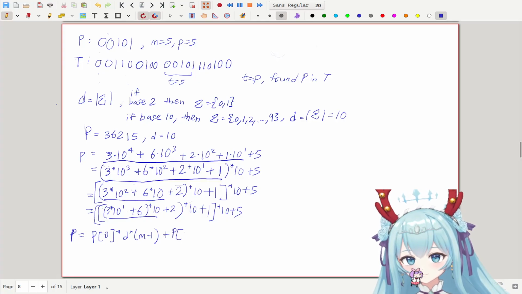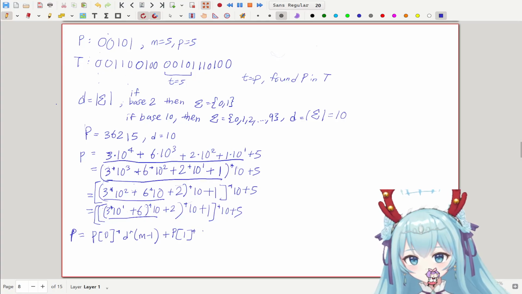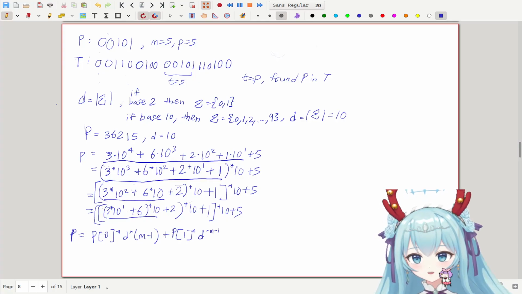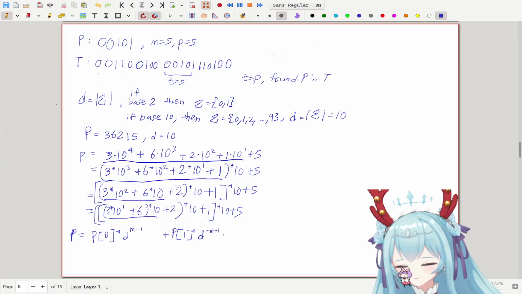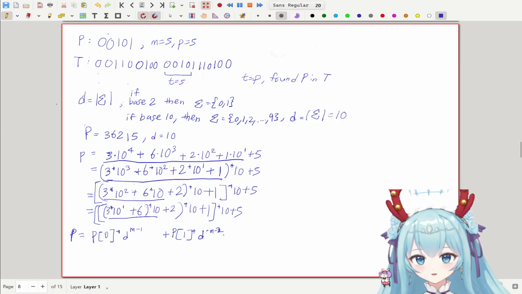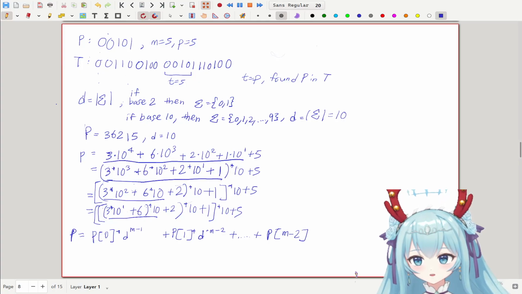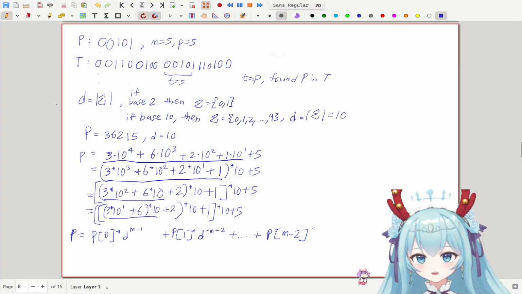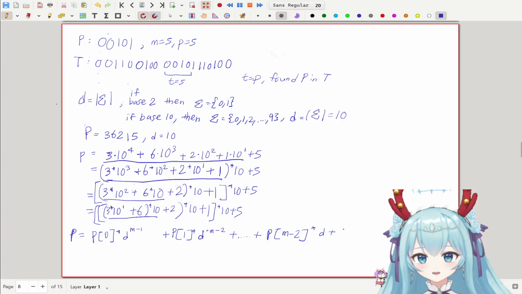And then there's the power of minus 1. Actually, let me just rewrite this. Minus 1 will be minus 2, and so on until 2 times d plus p m minus 1.